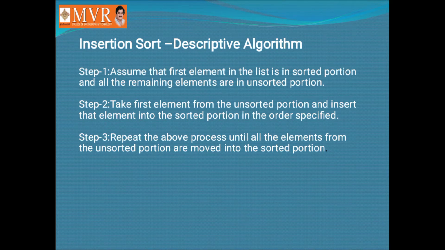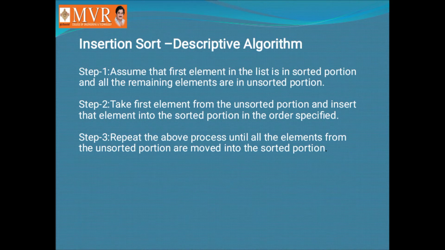Next, step 2, take the first element from the unsorted portion and insert that element into the sorted portion in the order specified. First we assume that the first element is in sorted position. After that we take the next element and compare it with the first element that we think is sorted, and if they are in order then we keep it like that.